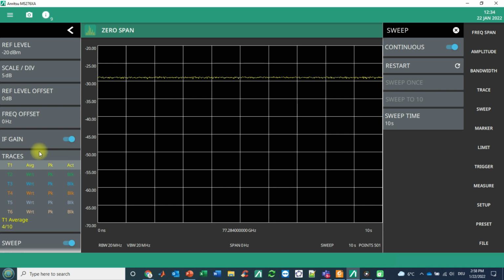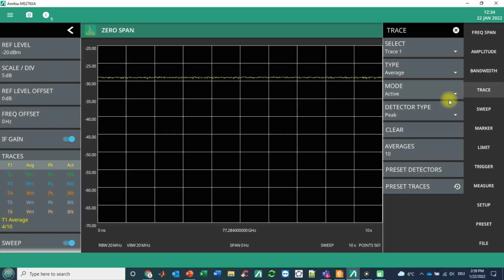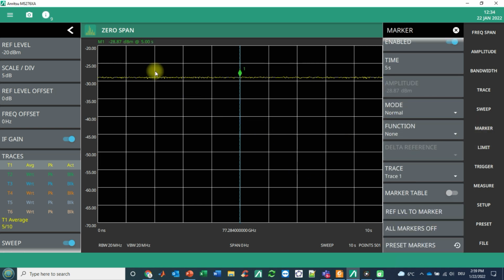Let's really check that we have here selected the peak detector. And now let's switch on the marker. We can read out here an average power of, let me say, minus 29 dBm.